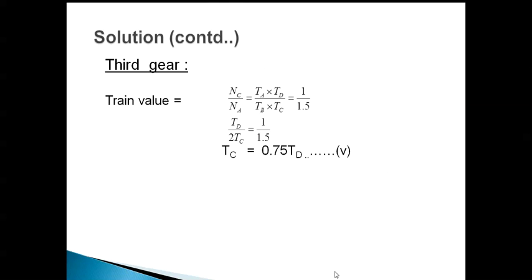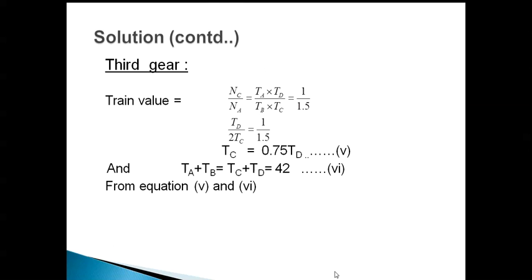TD by 2 TC equal to 1 by 1.5. TC equal to 0.75 TD. So TA plus TB equal to TC plus TD equal to 42. That is from equations 5 and 6. TC equal to 18 and TD equal to 24.